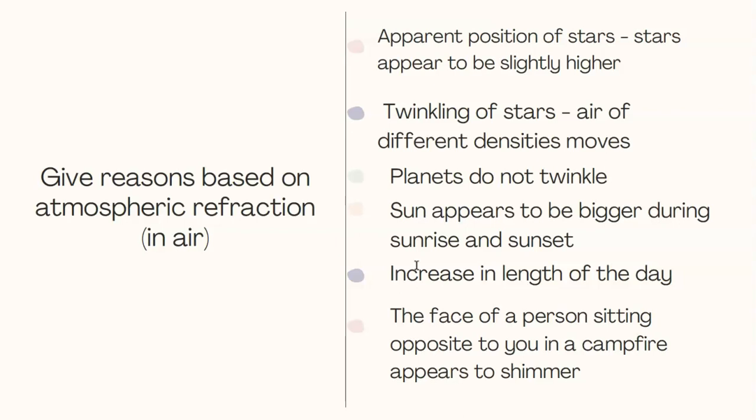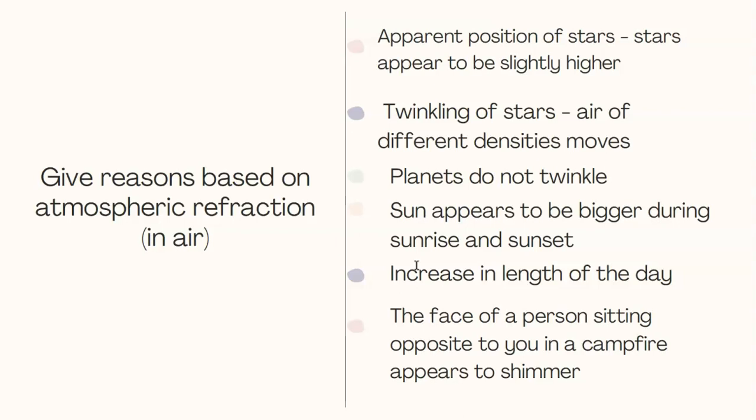So, suppose sunrise is going to happen at 6:30 in the morning, 6:30 a.m. We would be able to see the apparent image of the sun or apparent position of the sun 2 minutes before sunrise, that is at 6:28. The sun rises at 6:30, that is when we will see the sun actually. But its apparent image is visible 2 minutes before the sunrise.